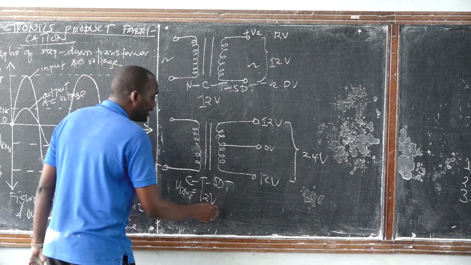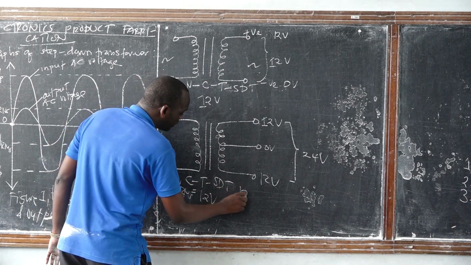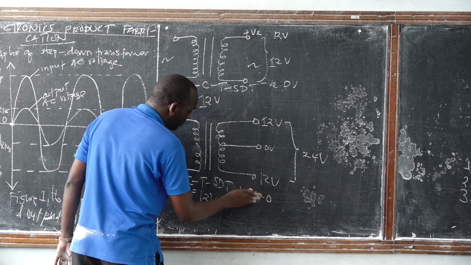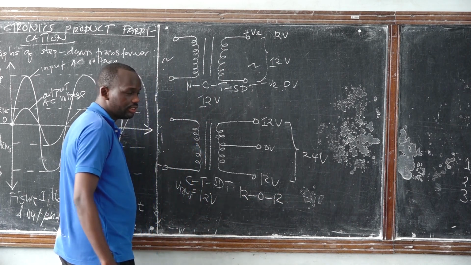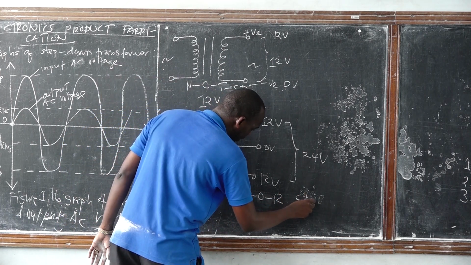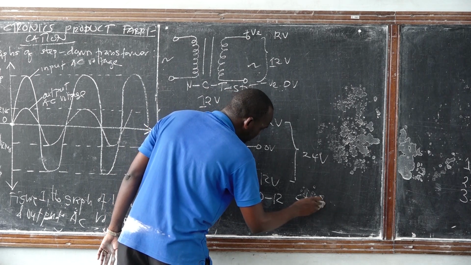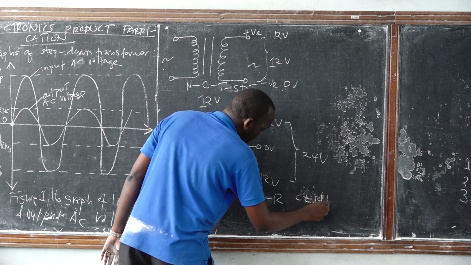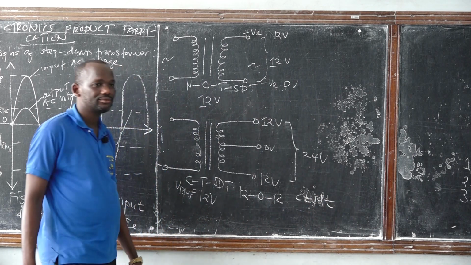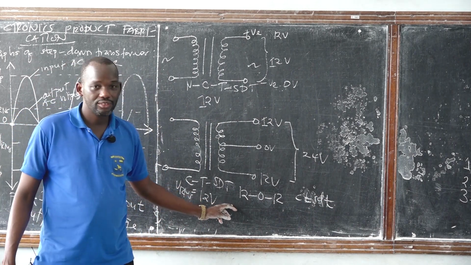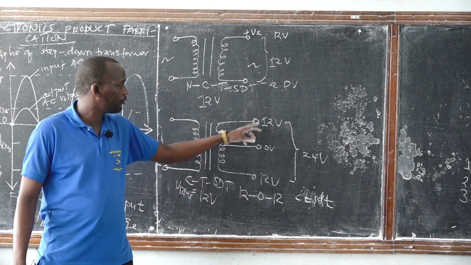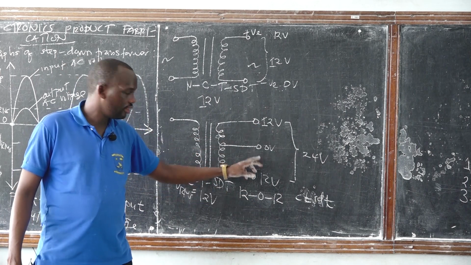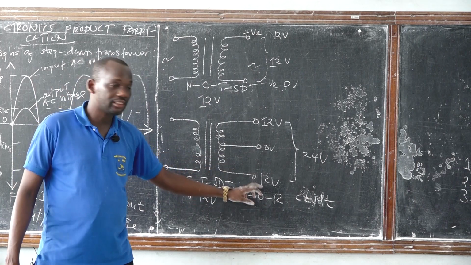So for this one, we usually find that it's 12 volt, or we write 12 to 0 to 12. Center tapped step-down transformer: 12, 0, 12. What does it mean? 12 is this terminal. 0, center terminal. 12 volt, the other terminal.